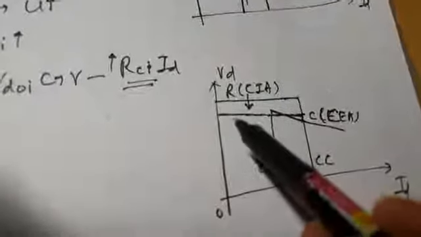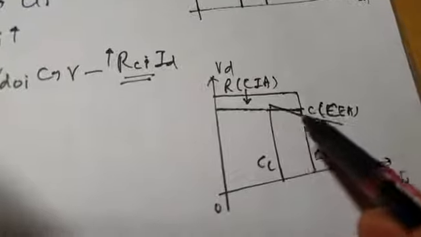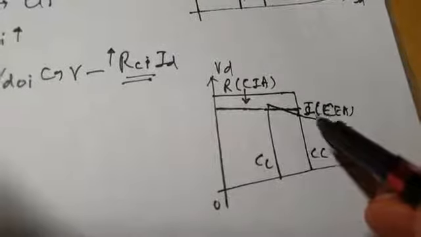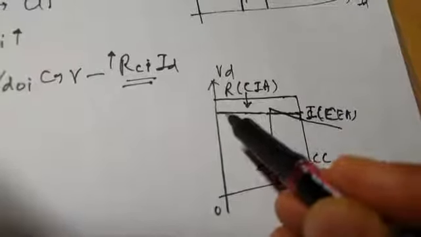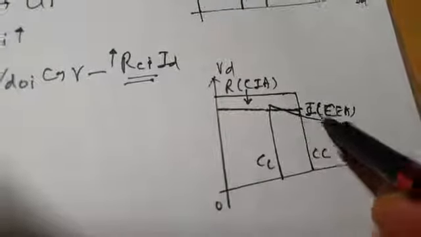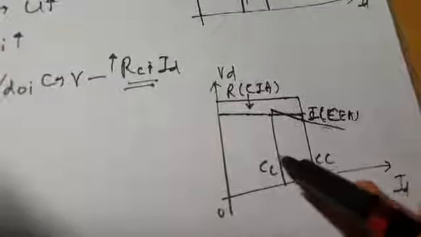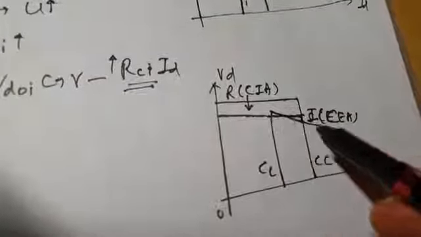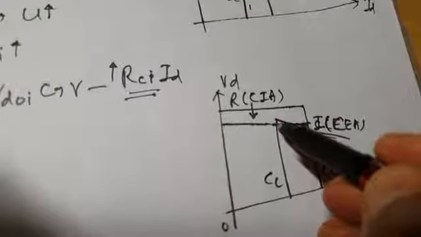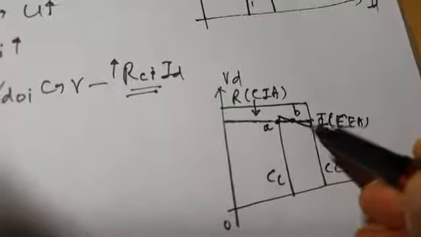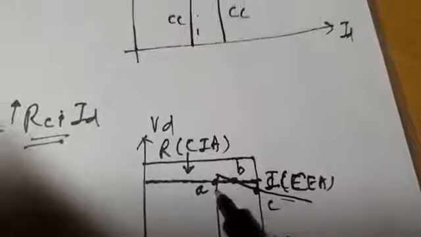Because of the large slope of the inverter characteristic, this new rectifier characteristic intersects the inverter characteristic at three different points: small a, point B, and point C. There are three points of intersection. Just check it very closely.